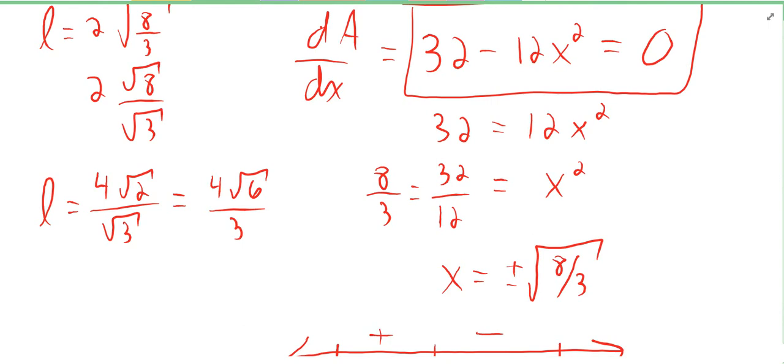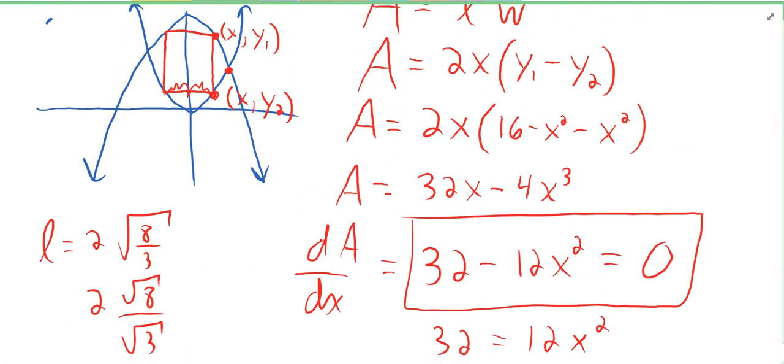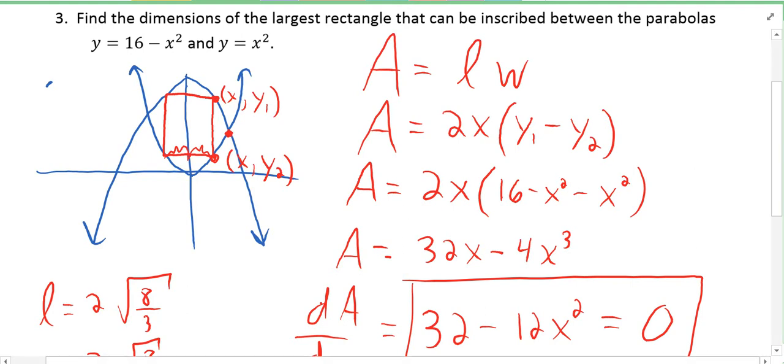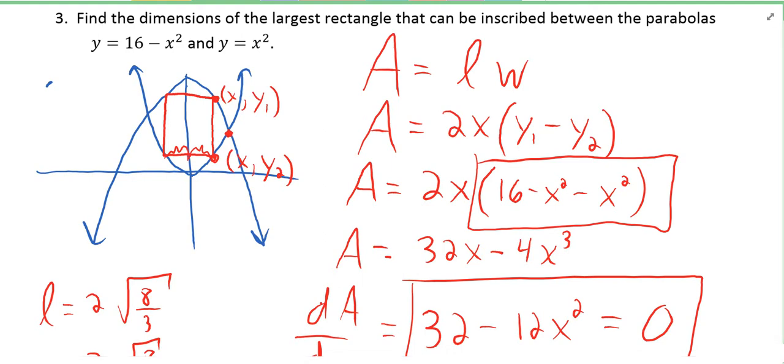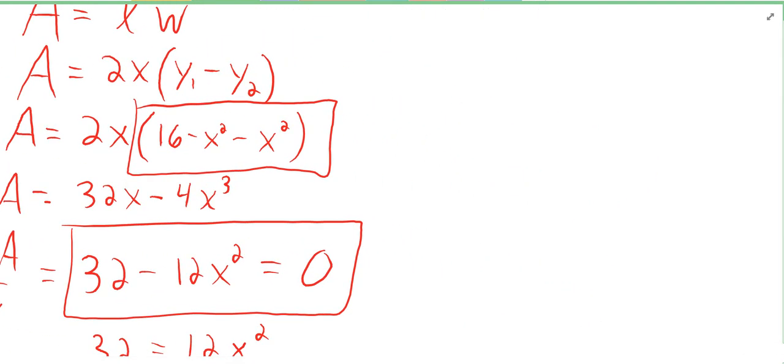And then the width, remember we had a formula for the width. It was right here. It was 16 minus 2x squared. Okay? So if we do that, this was the width. This is what we said the width had to be. But we know that x was root 8 thirds.